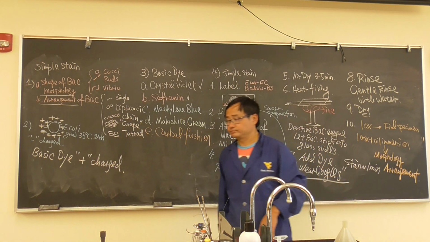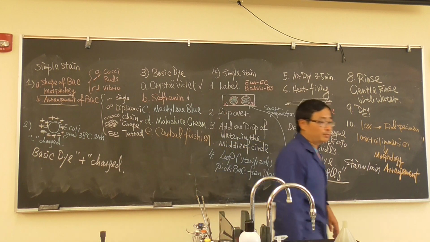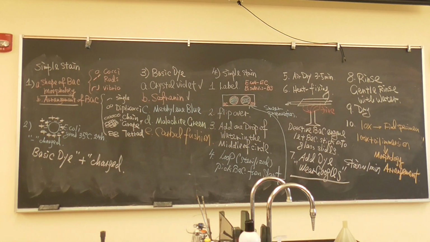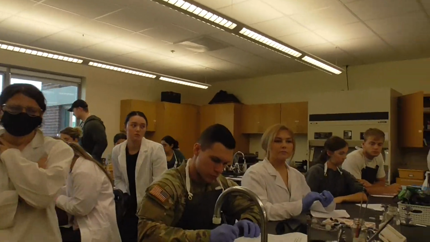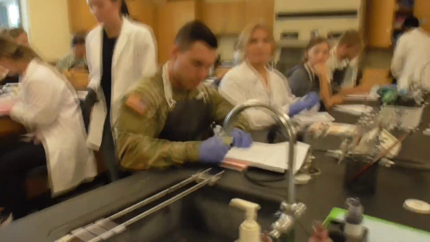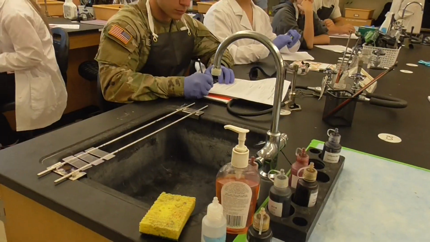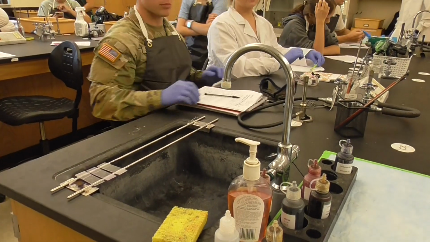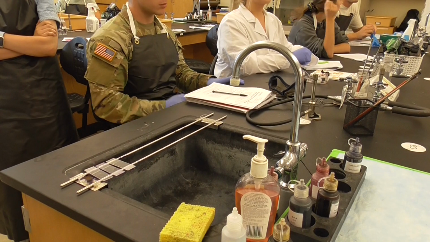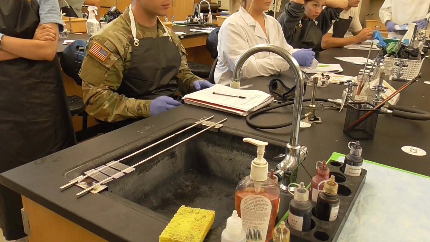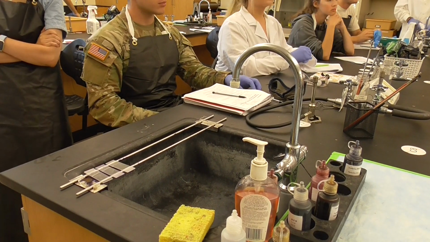Okay, next. Same thing. Everybody come to the front desk right here, and I'm going to show you how to do it. So I'll make sure I go right here. Okay, somebody, can you do me a favor? Get your microscope. So I'll show you how to do it.